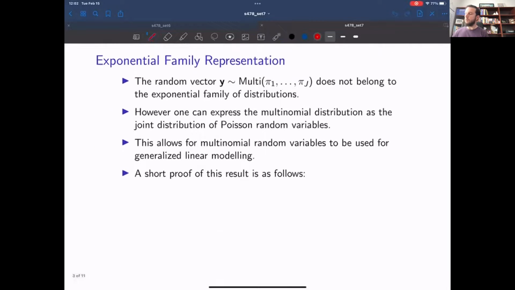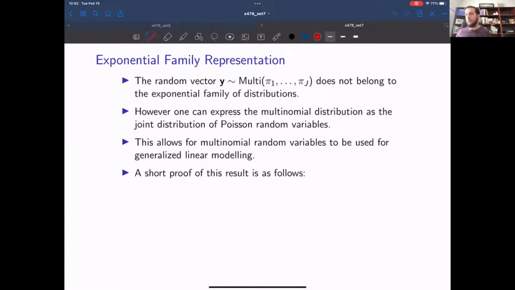All right, so we know that if we want to formulate this in the context of a GLM, the response variable has to belong to the exponential family, and it has to be in canonical form. So a multinomial random variable does not directly belong to the exponential family of distributions. But what we can do is express the multinomial through the joint distribution of Poisson random variables.